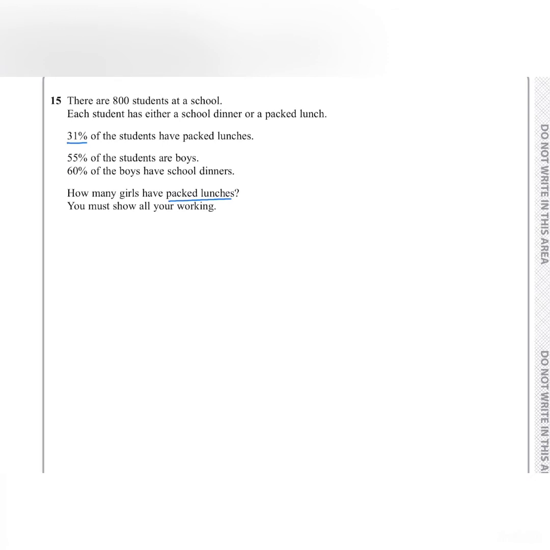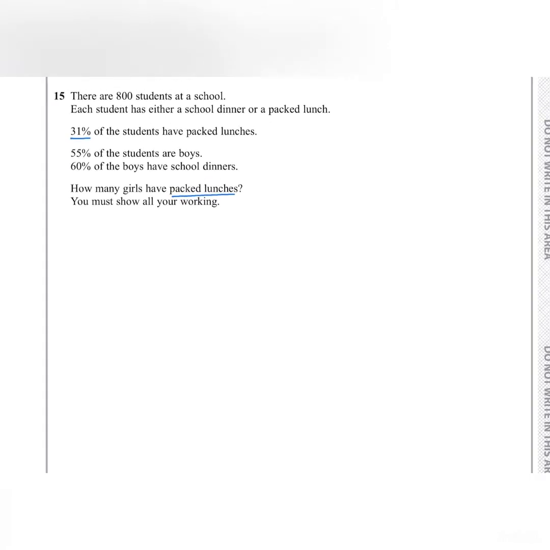Okay, so we can draw a two-way table from this information. We've got boys, girls, and students who have school dinner. I'm just going to put school dinner and people who have packed lunch.